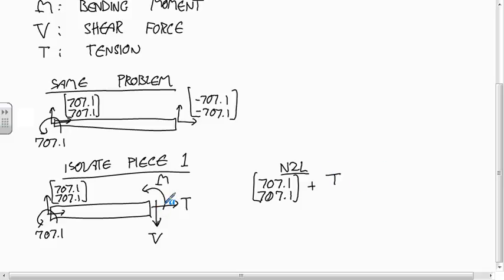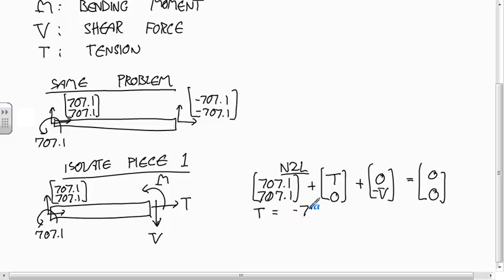So this tension force vector is represented like this. And the shear force, is that in the positive or negative y direction? And so from this, you get that T is equal to negative 707. V is equal to positive 707.